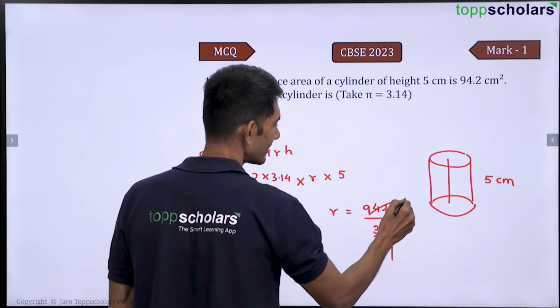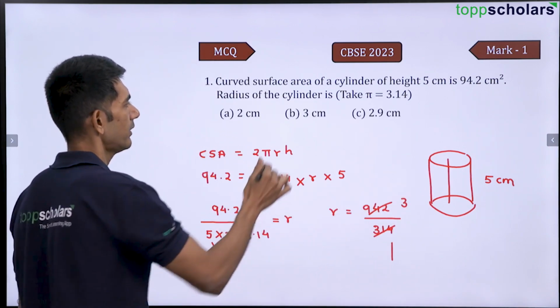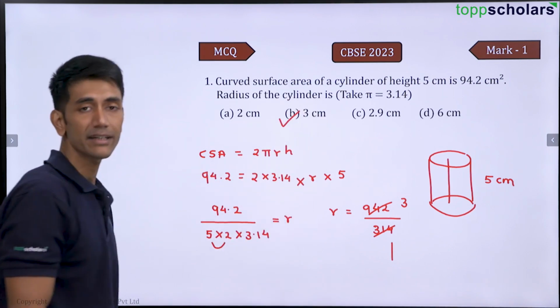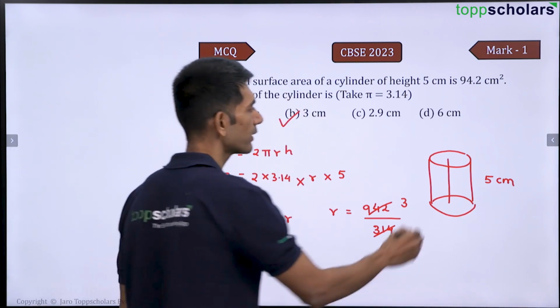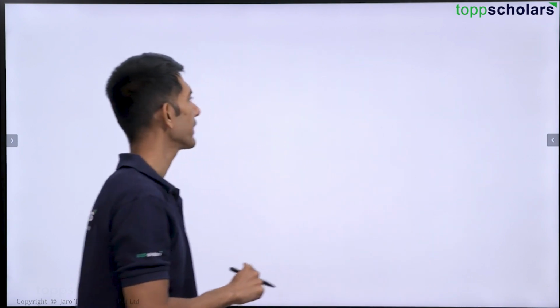So this is 1s, this is 3s straight away. R is 3. Let us check. Yes, we have R as 3. So 3 centimeters is the correct answer. That means the radius of this particular cylinder is 3 centimeters. Perfect. So let's continue further.